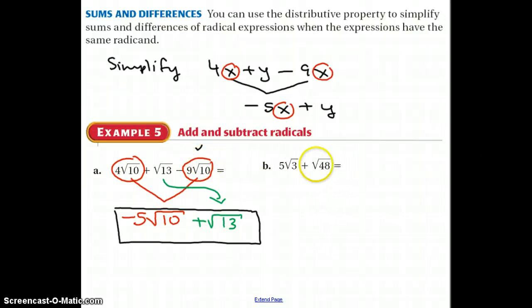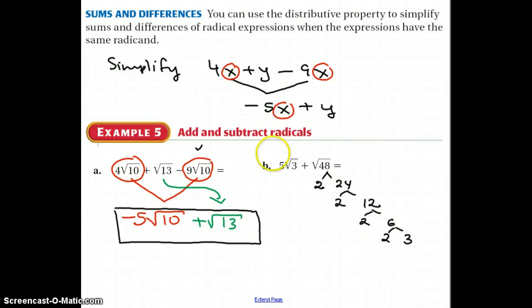Now in part B, square root of 3 cannot be simplified. However, it looks like 48 could be, because it's a fairly big number and we can break it up. So I notice it is even, so I know I can divide it by 2. So I break it up into 2 and 24. 24 is even again, so we're going to break it up. 12 is even again, so 2 and 6. 6 is still even, so 2 and 3.